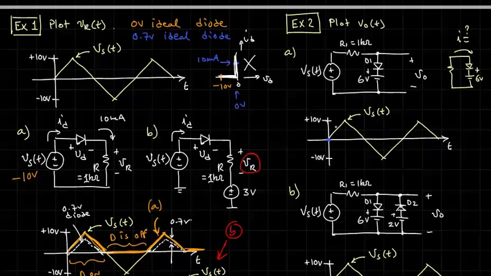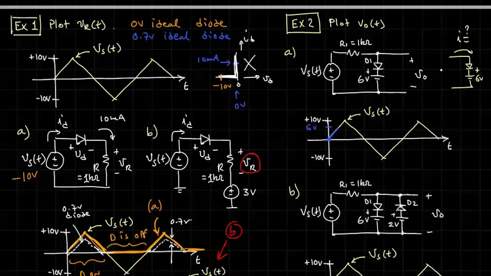In fact, you can show that that will be the case all the way up to 6 volts. You can test this right at 6 volts. What is the voltage across D1? It'll be actually 0, and no current will flow through R1. But if, let's say, Vs goes to 7 volts, let's draw that case.